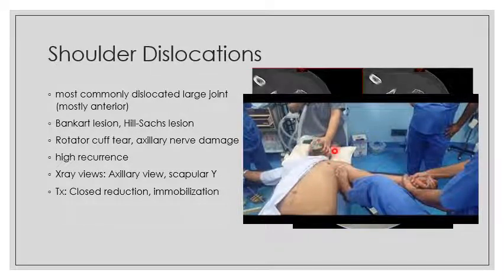So you sedate the patient, either GA or IV sedation, and this is what we term as the Hippocratic method of shoulder reduction. So this is quite crude. It's done by just one person. You can actually do this in the emergency room, but don't do it in front of other patients.